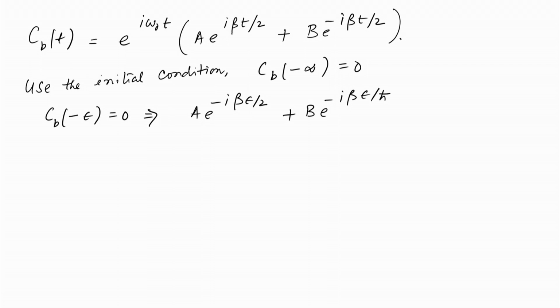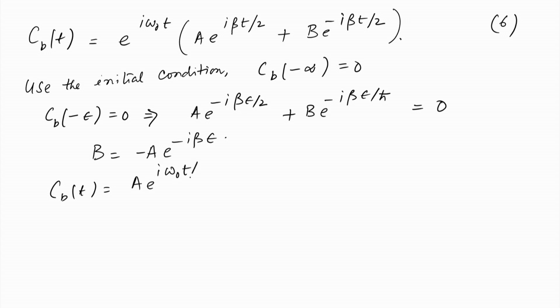So, that which is inside the bracket of, let us call it, equation 6, should be equal to 0, and so this gives rise to the fact that b must be related to the other coefficient a in this particular fashion, and so C b of t should be equal to a exponential i omega naught t by 2 times exponential i beta t by 2 minus exponential minus i beta epsilon plus t by 2, and so on.